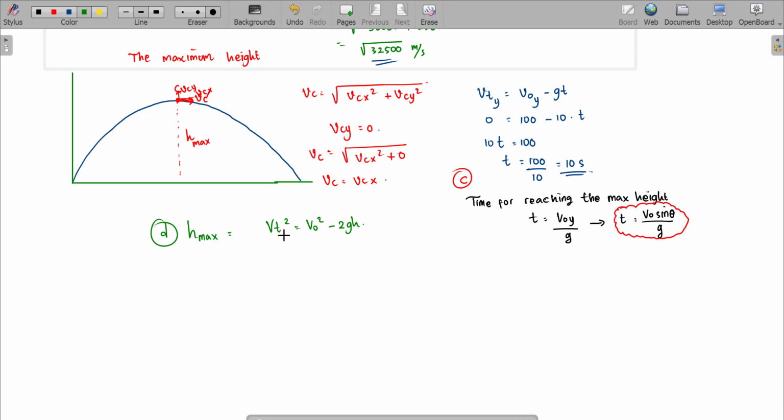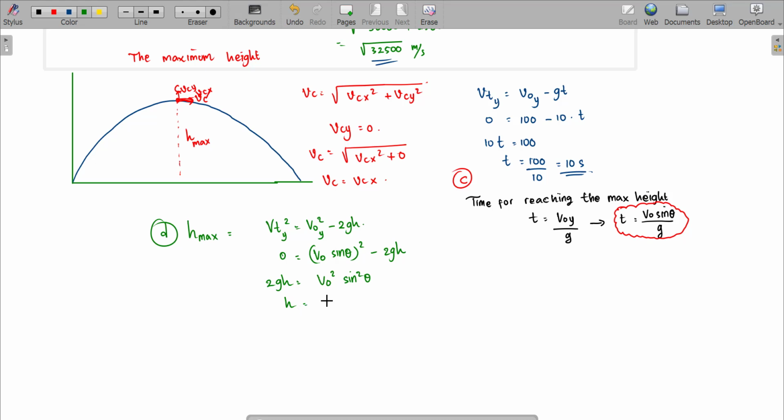So final velocity at maximum height in the y-axis is 0, equals V0y, that is V0 sin theta, don't forget, square minus 2gh. So you move 2gh to the other side, it becomes positive. V0 square sin theta square.